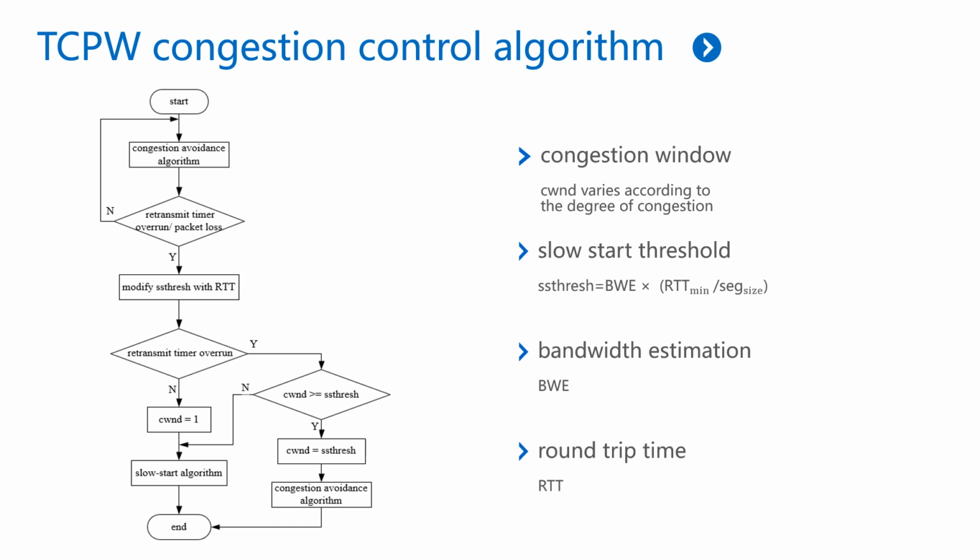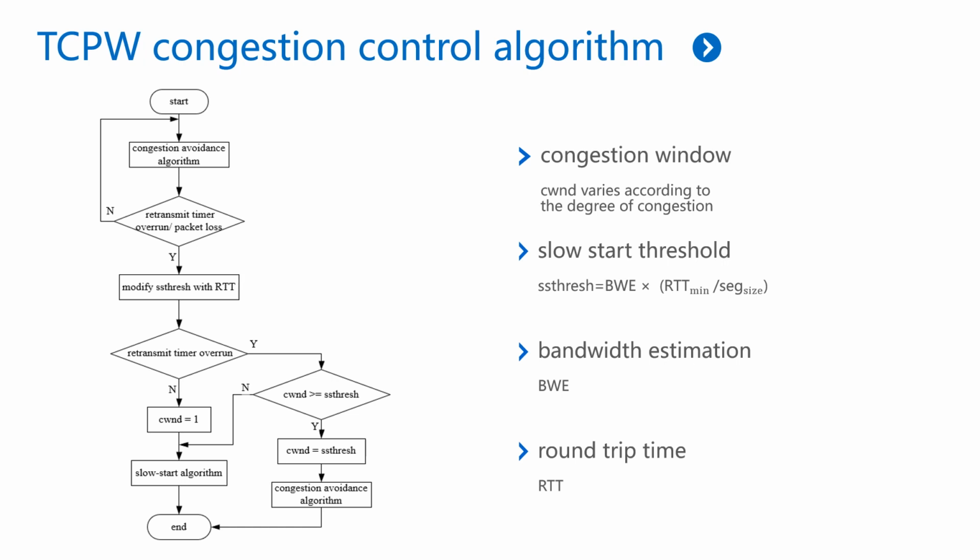The maximum number of data packets to be transmitted in each round equals the CWND value. The CWND is doubled every time an acknowledged ACK reply is received. Otherwise, the slow start threshold SS thresh is halved and the CWND is set to 1 to start the congestion avoidance algorithm.